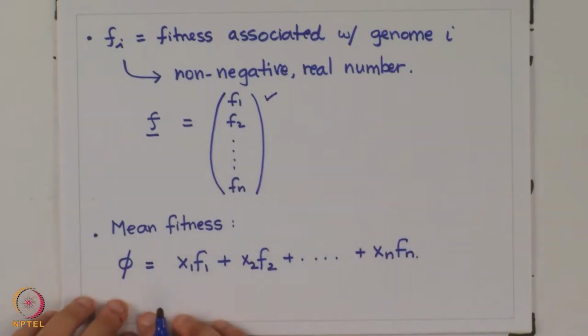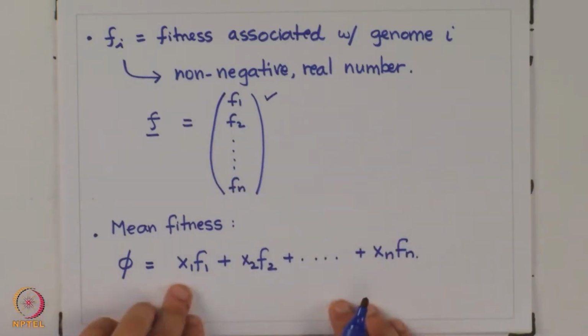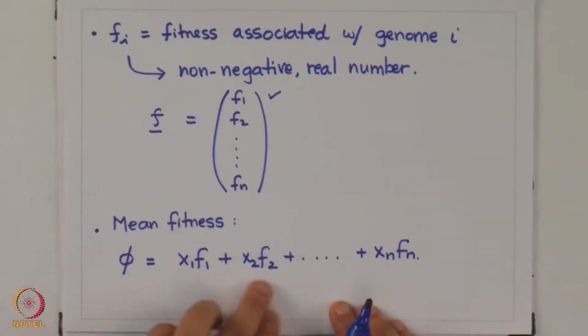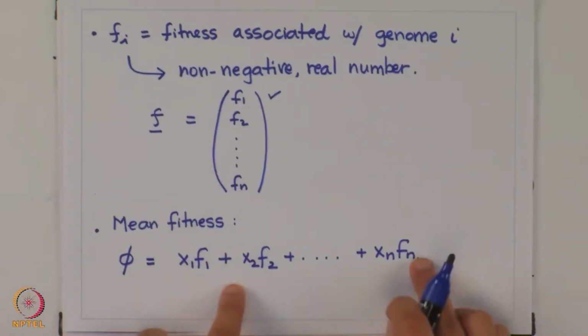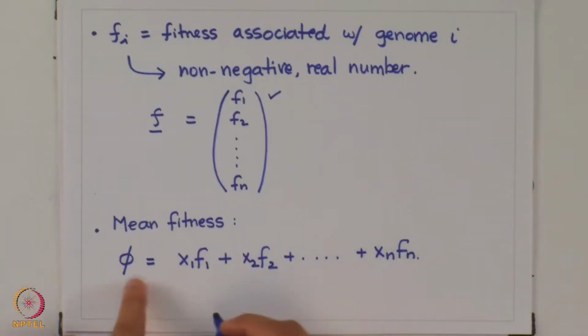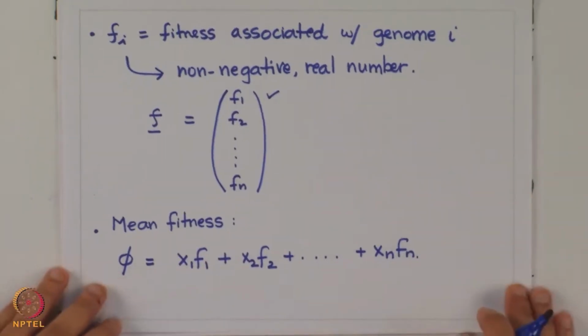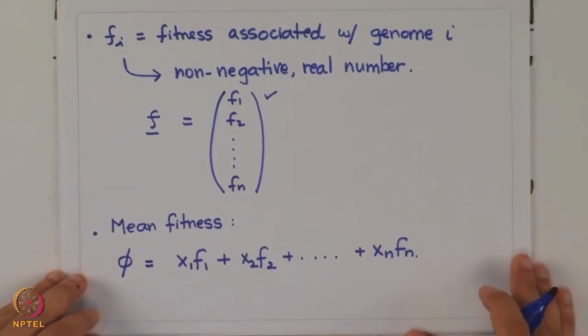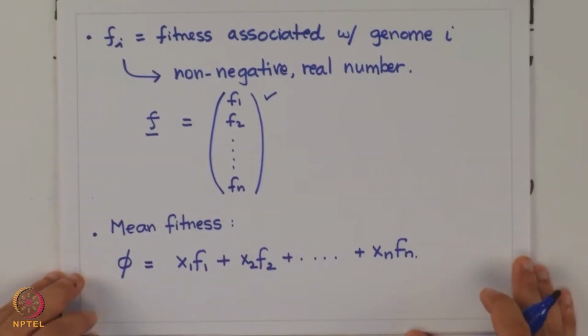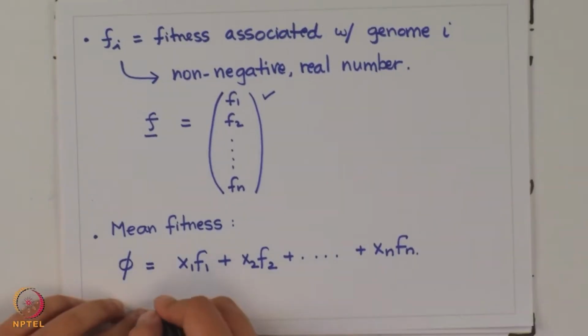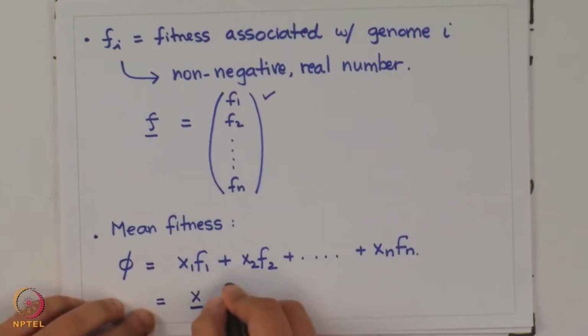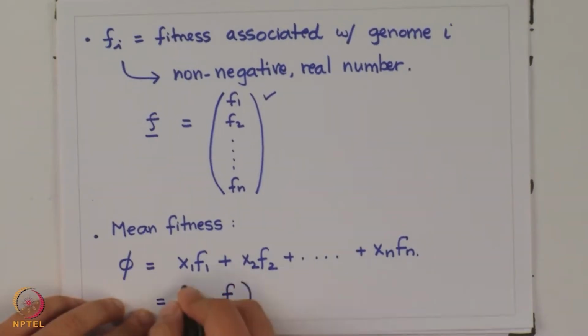And this formula gives us exactly that. When we plug in x1 equal to 1 and all the other xi's equal to 0, these terms drop out and we get phi equal to f1. That is just a very crude check of the relationship. So, this is the mean fitness. This can be represented as the dot product of the two vectors x and f.